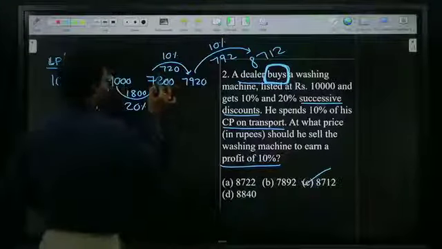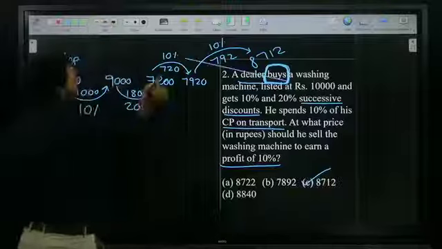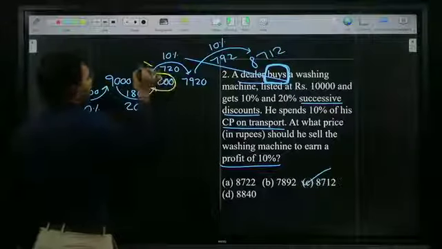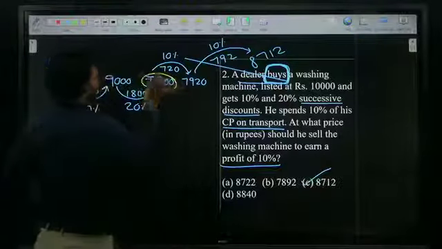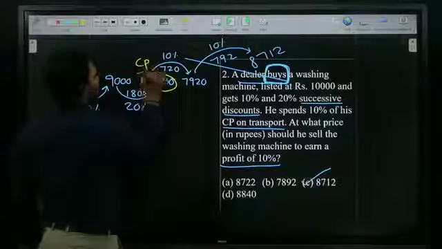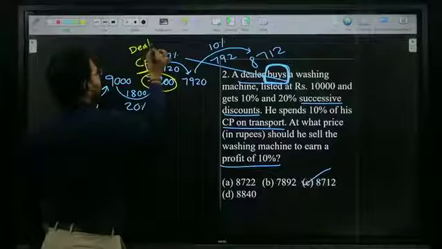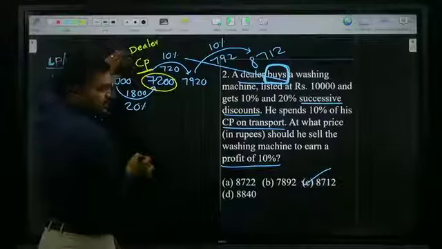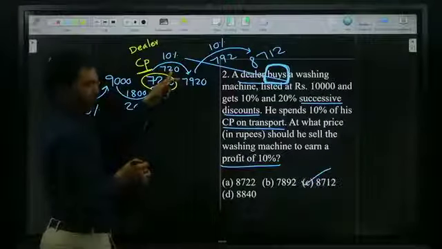This 7,200 is the cost price for the dealer. Dealer CP. The dealer is spending 10% on transportation.